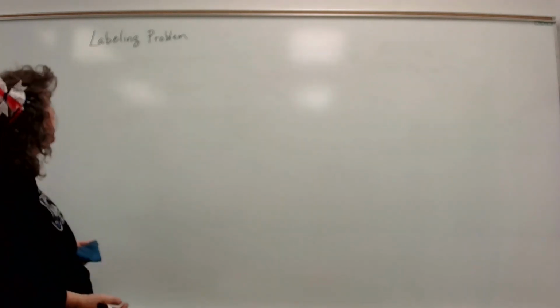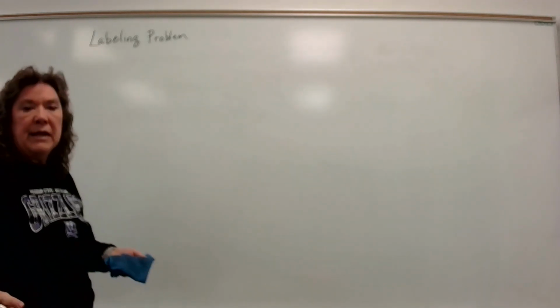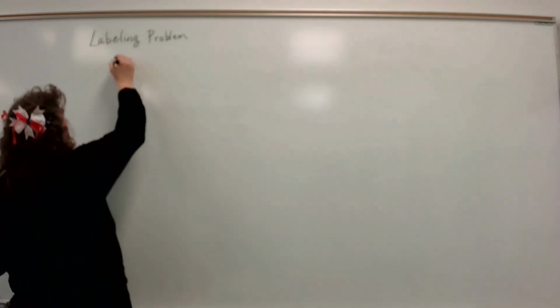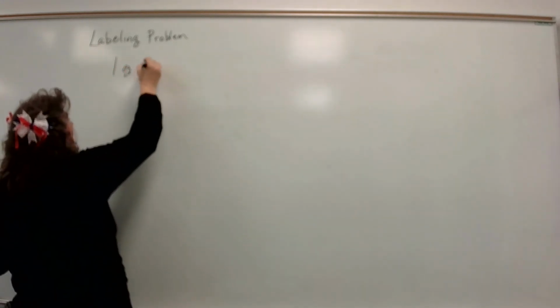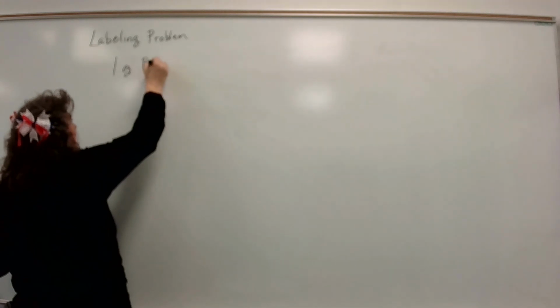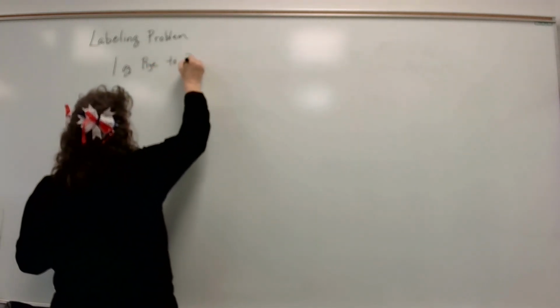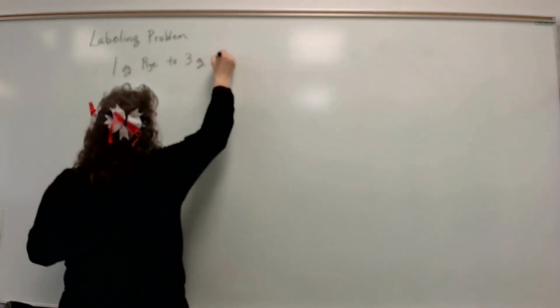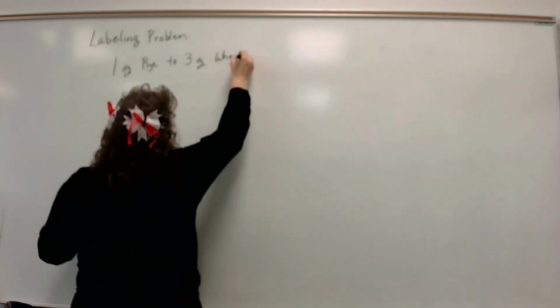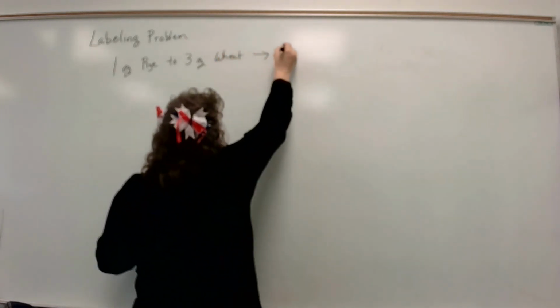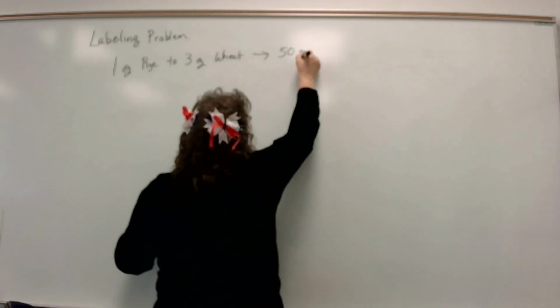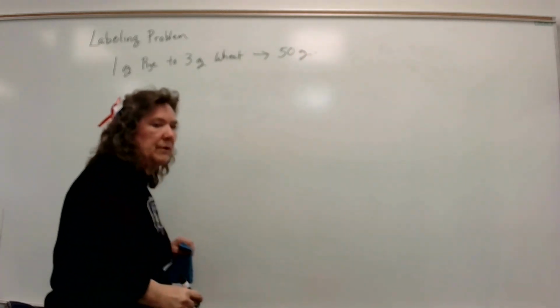So, the first problem we're going to look at is a problem that requires 1 ounce of rye flour to 3 ounces of wheat flour, and we want to build a 50-ounce loaf of bread. Okay?